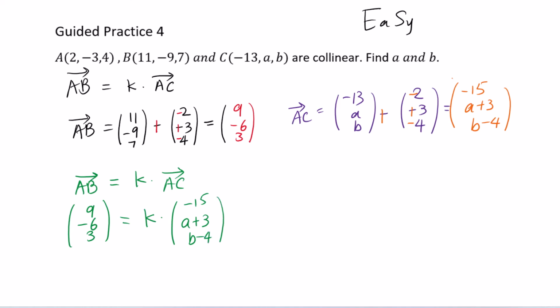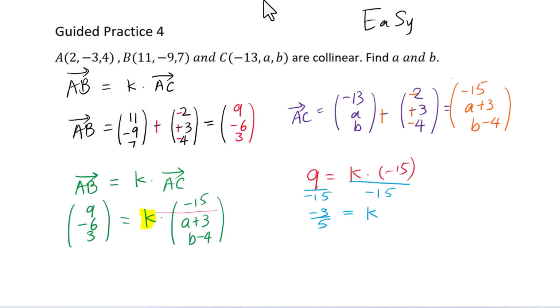We can figure out this K by using the first row. 9 equals K times -15. So we divided by -15 both sides. K equals -3/5.